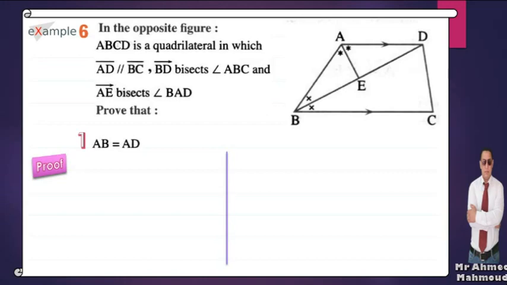Now I need to prove that AB equals AD, or I need to prove this triangle is an isosceles triangle.